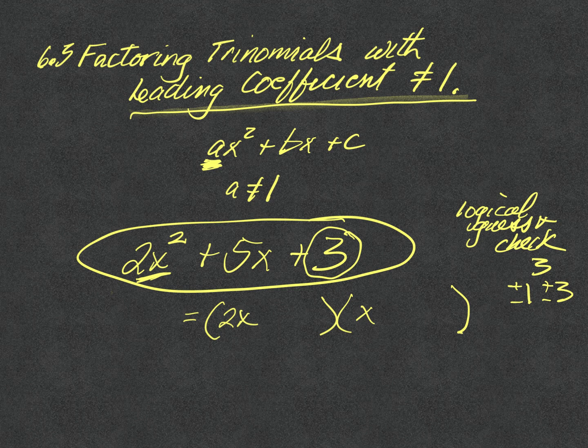So it turns out that the 1 and 3 is the only choice, and we're going to choose the positive ones because this middle term is positive. So that's the same process as what we've had before. However, when you add 1 and 3, you only get 4, not 5, which is what we have in the middle here.